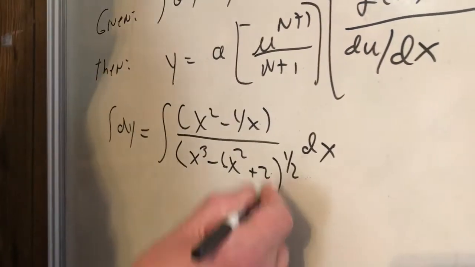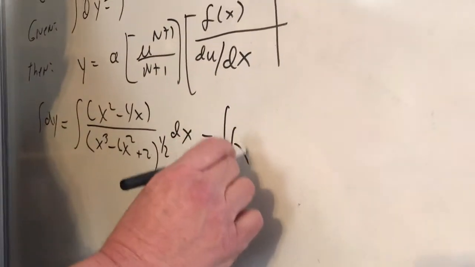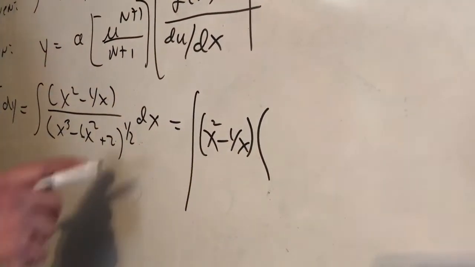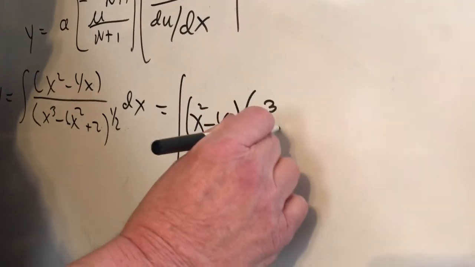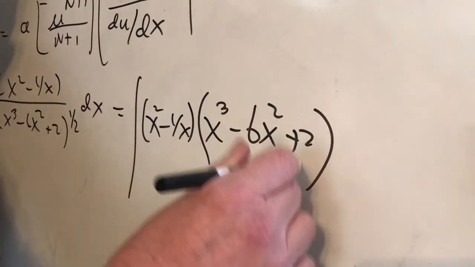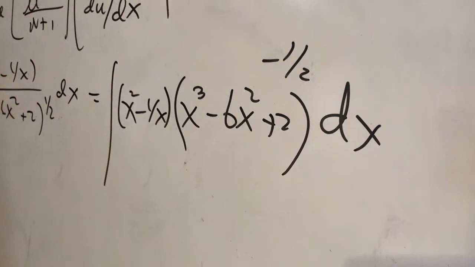Now let's bring this up into the numerator, which you always want to do. In order to do that, we have to negate the power, and add the differential dx.